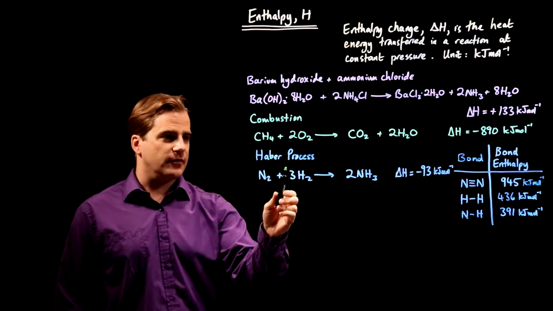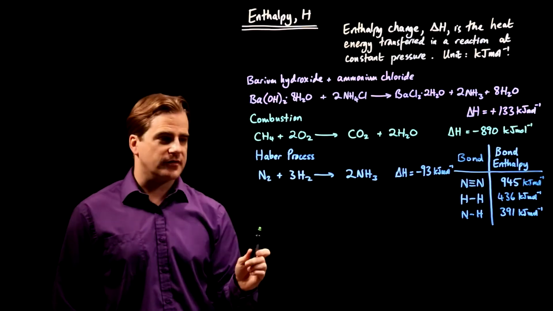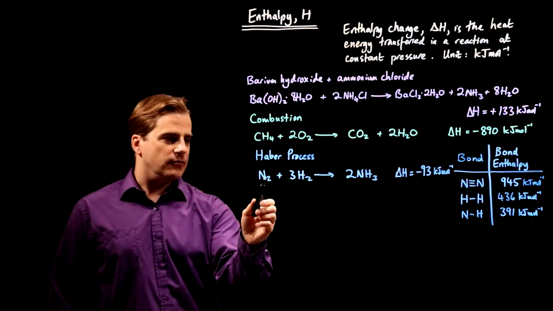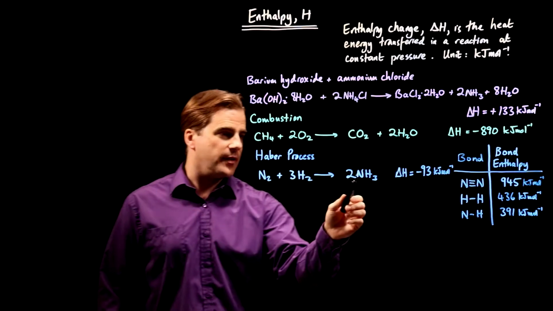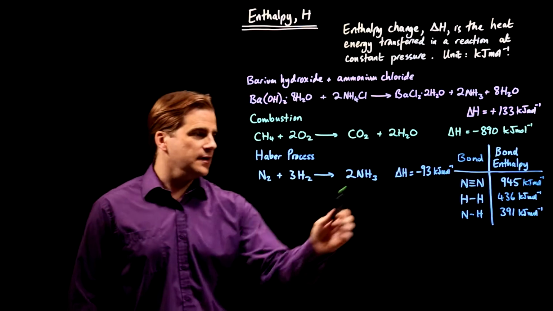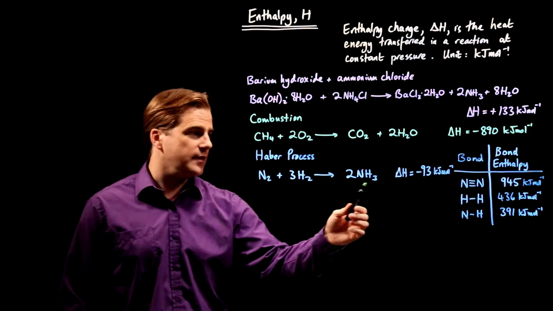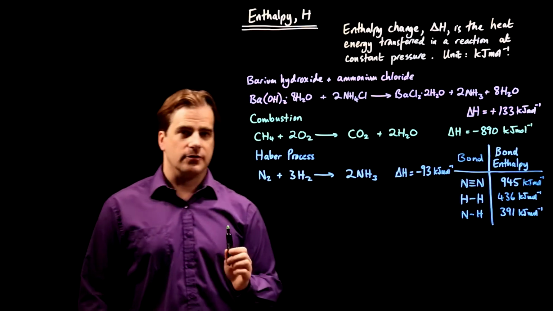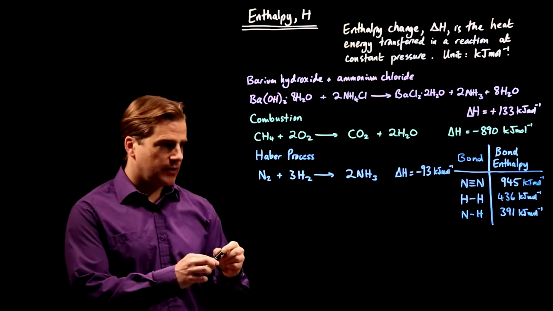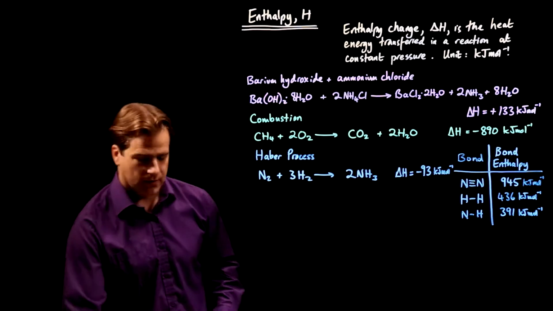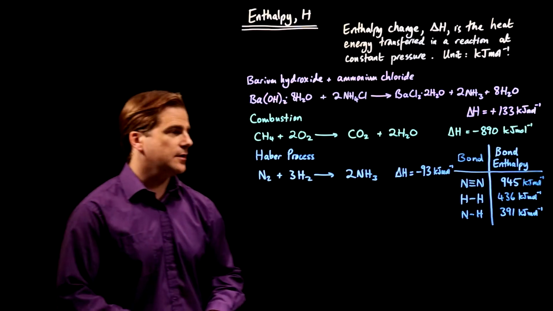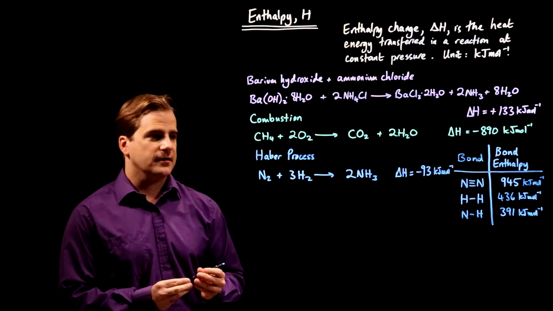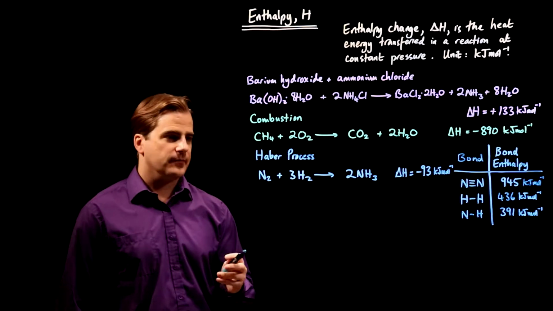Another example of an exothermic reaction is the Haber process, when you react nitrogen with hydrogen to make ammonia. Delta H is negative, it's exothermic, minus 93 kilojoules per mole. So we're going to look at this one in more detail, and we're going to look at the actual bond enthalpies that are involved.